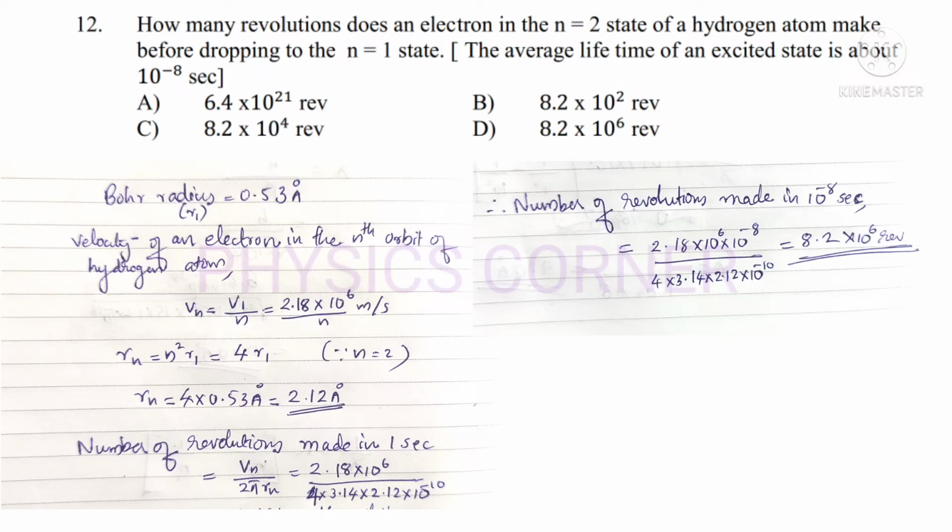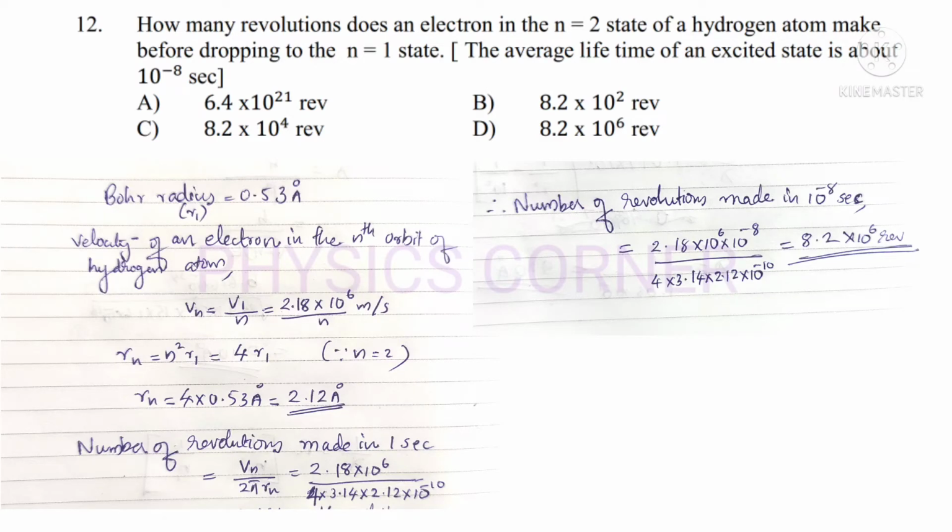So generally the number of revolutions made in 1 second can be estimated as Vn by 2 pi Rn, right? Because electrons travel in circular orbits, we can write this equation. This equation actually comes from time is equal to distance traveled by the particle divided by velocity of that particle.